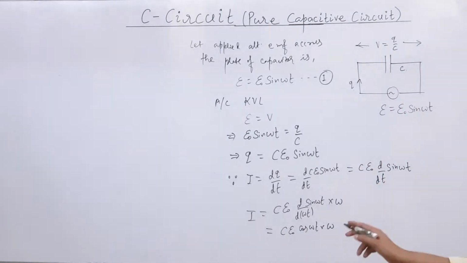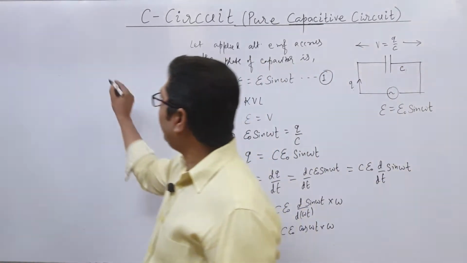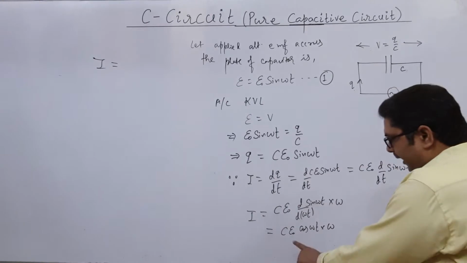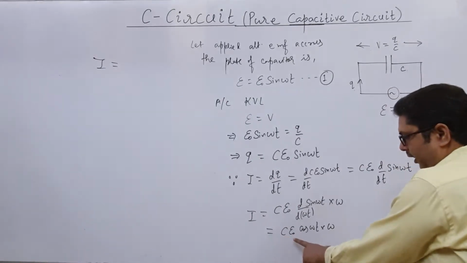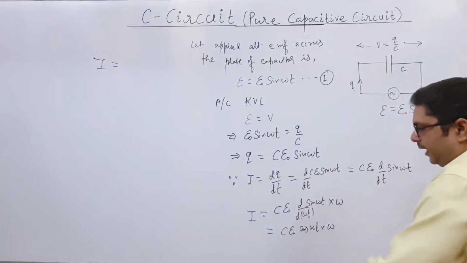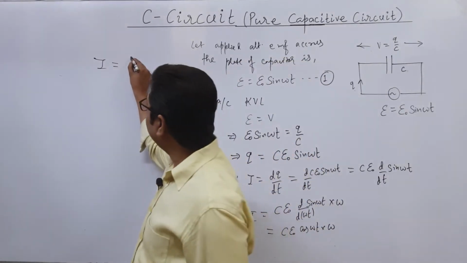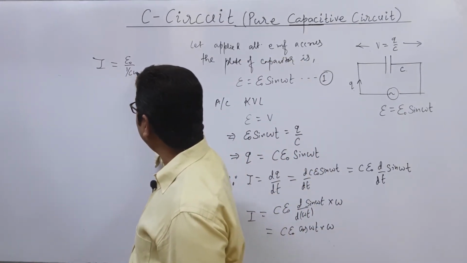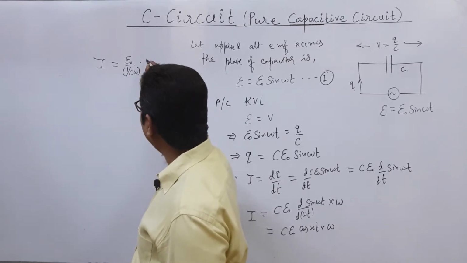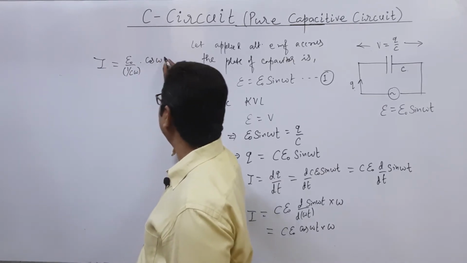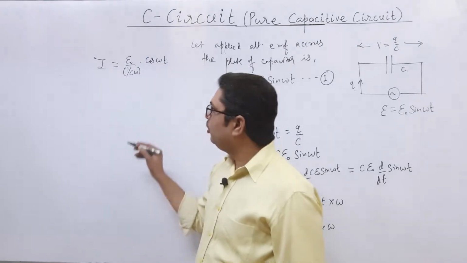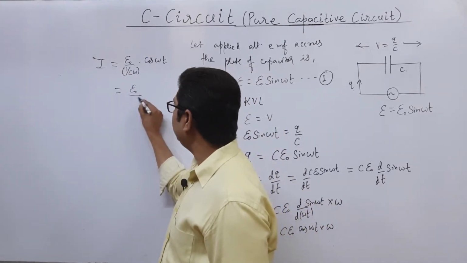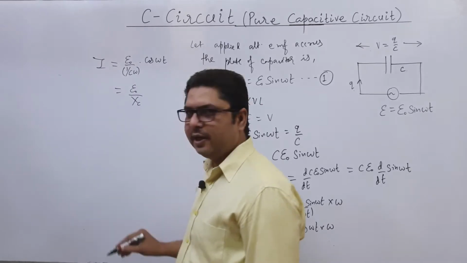So we can write like this, I equals, we will write this as E naught times 1 upon C omega, and here we have cos omega t. This 1 by C omega is said to be XC.